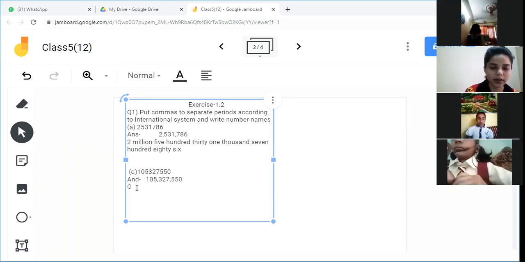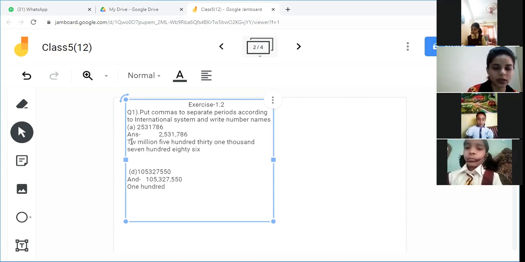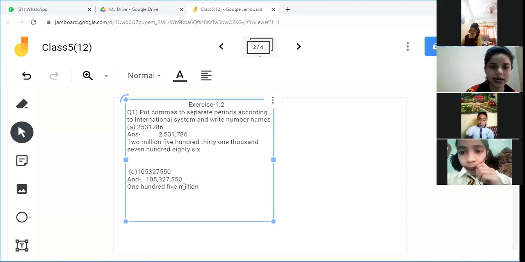So 100, you can write this 2 as T double, okay? 105 million. Now 3 to 7 in which place?